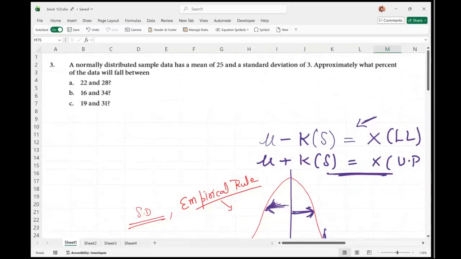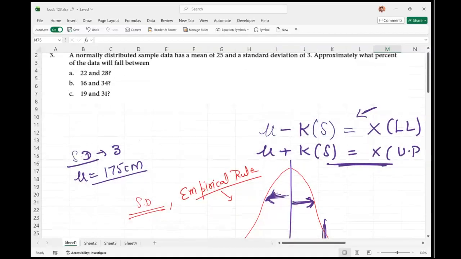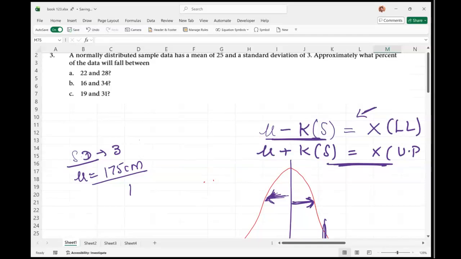For example, taking back the previous example, the standard deviation was 3 when we were talking about the height, and the mean value was 175 centimeters. I wanted to find the lower limit and upper limit on both sides of the mean value. For the lower limit, mean 175 minus k times the standard deviation, where k means the number of standard deviations you are moving.